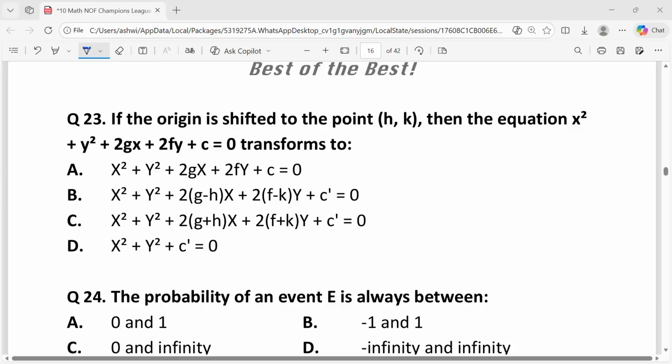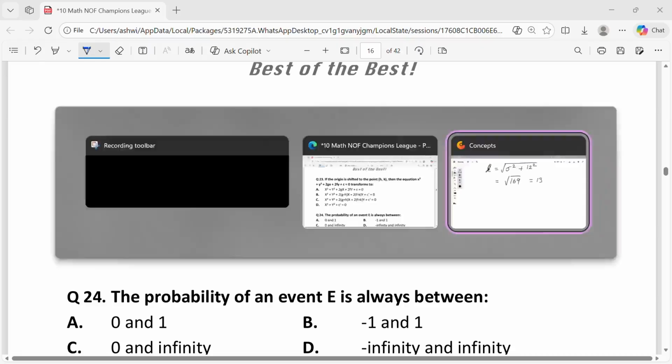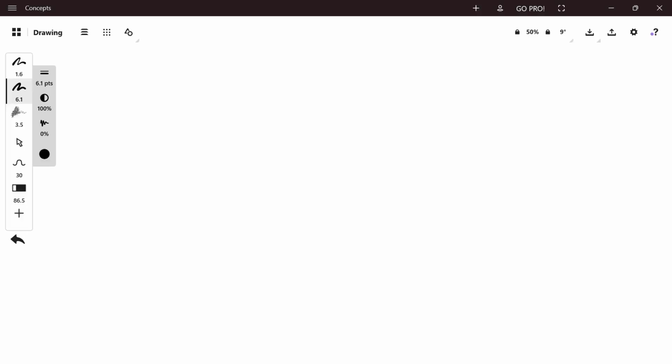Question 23. If the origin is shifted to the point h, k, then the equation x square plus y square plus 2gx plus 2fy plus c is equal to 0 transforms to what? To find the new equation when the origin is shifted to h, k, we use the transformation of coordinates, that is x is equal to x plus h and y is equal to y plus k.